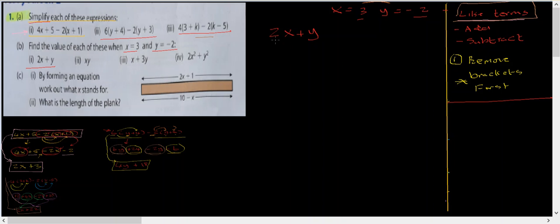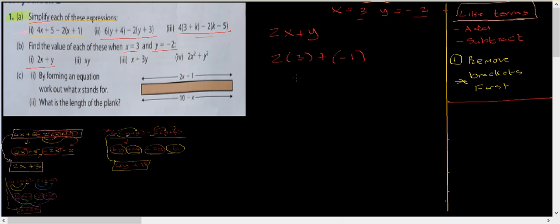This one here is 2x. When 2 and x are written beside each other like that, that means 2 multiplied by whatever the value is for x. So we can write it like this: 2, and then we bracket the value for x, which is 3, plus, and then we put in whatever the value is for y, which is minus 1.